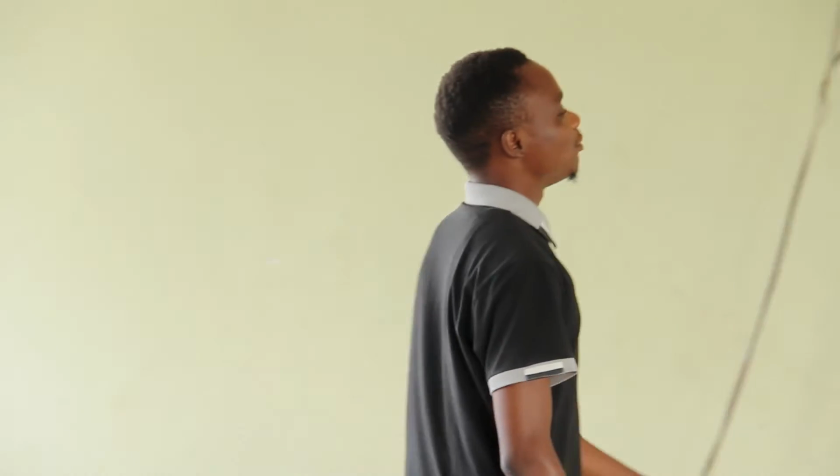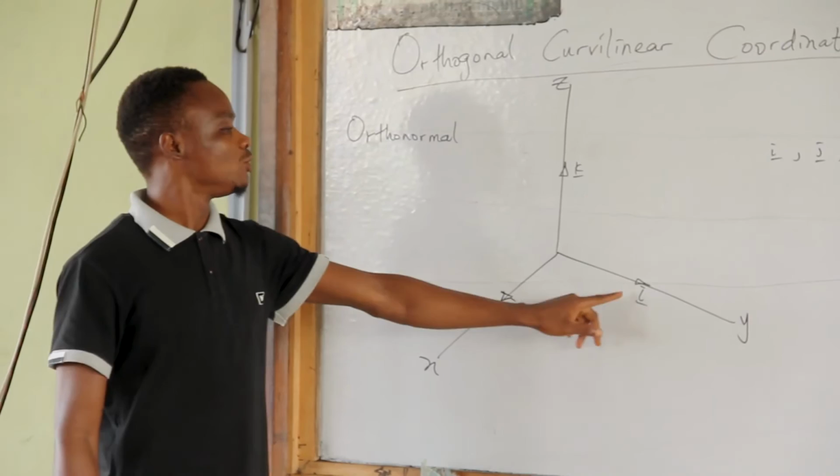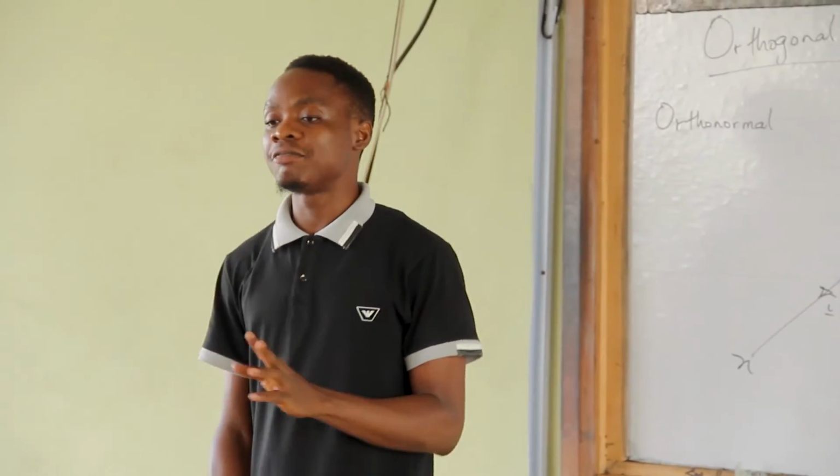When I'm using my XYZ coordinate system, I know that these unit vectors have very definite and constant directions. We know that i is always in the positive x direction, j is always in the positive y direction, k is always in the positive z direction.